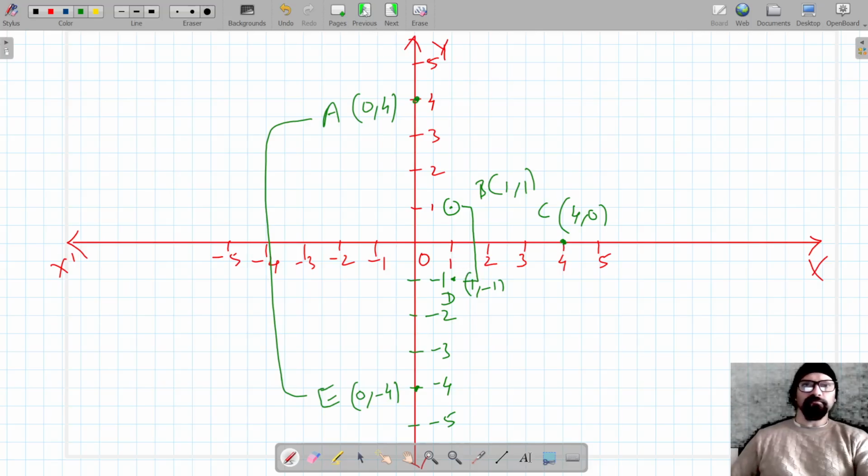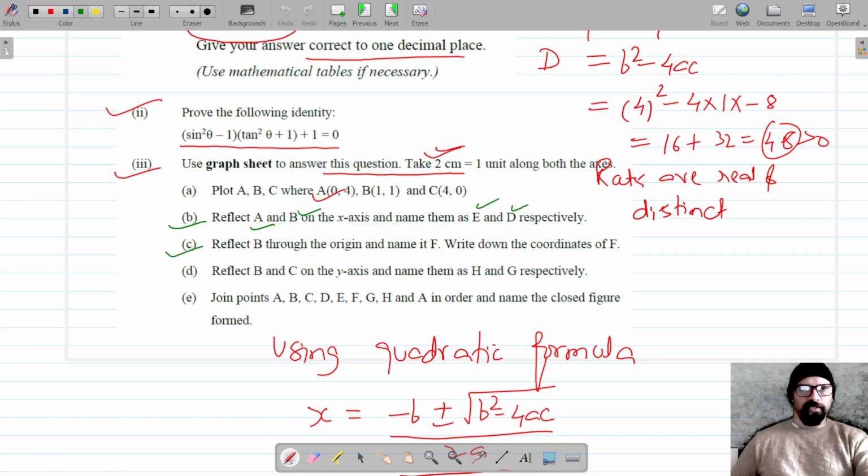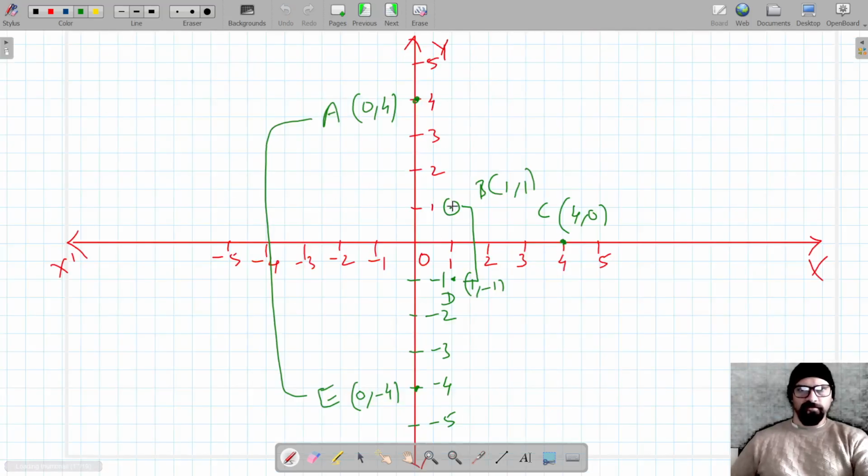Okay. Now, part C: reflect B through the origin and name it F. So let's reflect B through the origin. Reflecting B through the origin means we are going into the third quadrant.